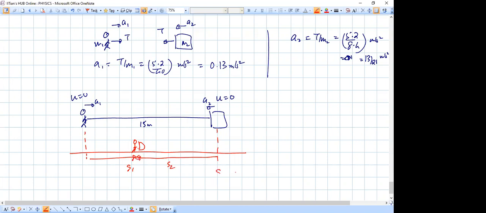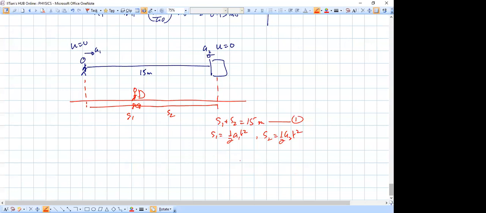So s1 plus s2 should be equal to 15 meters, and s1 is equal to half a1 t square, s2 is equal to half a2 t square. So that means s1 by s2 is equal to a1 by a2, which is (T by m1) divided by (T by m2).